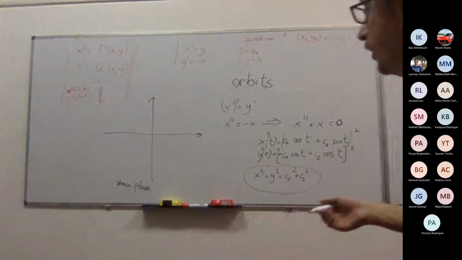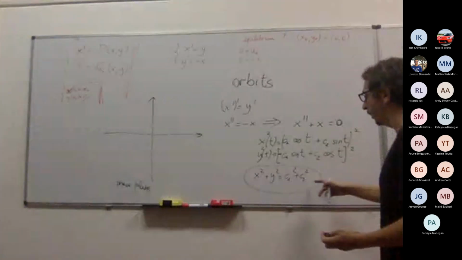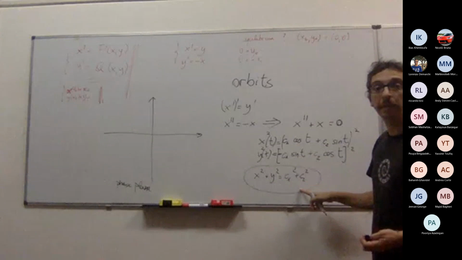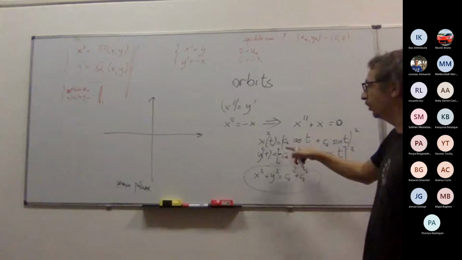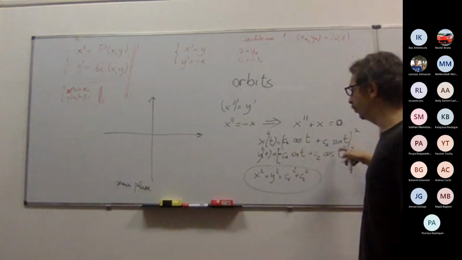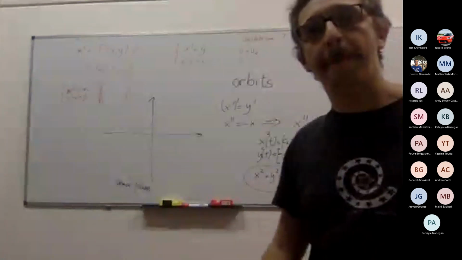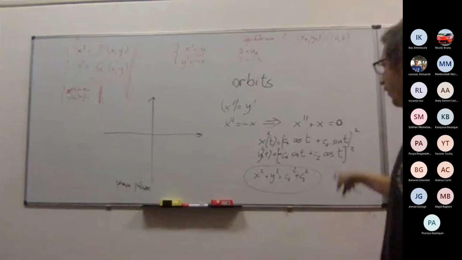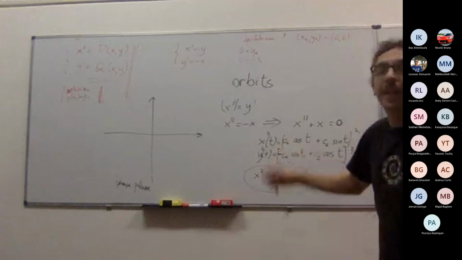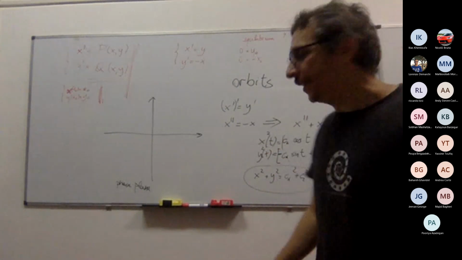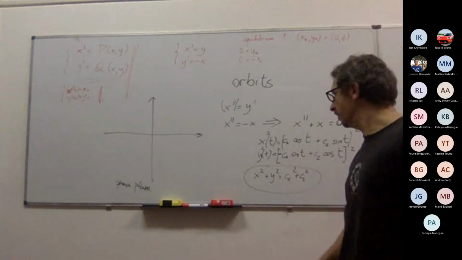Or otherwise, I can express them in this way, which is actually the same. If you are able to draw the orbit looking at the parametric components of the curve from here, then you are allowed to do that. But I think that in this way it's going to be easier.